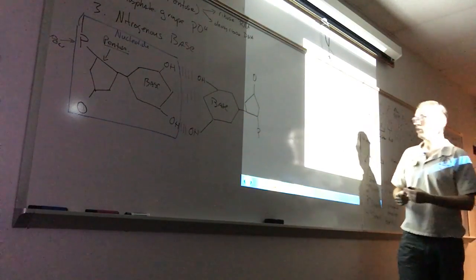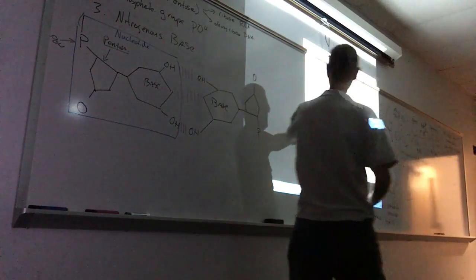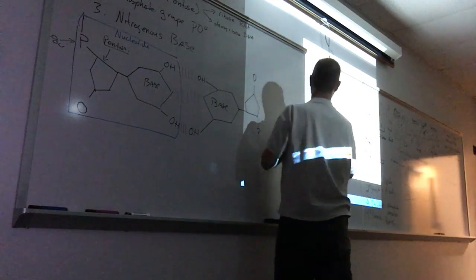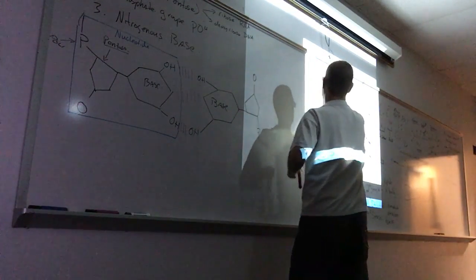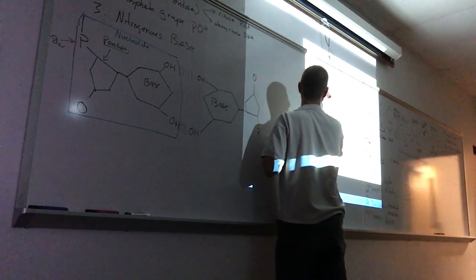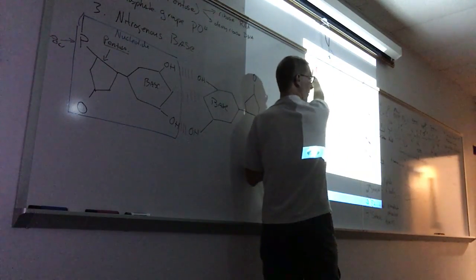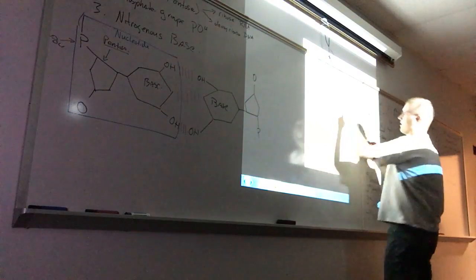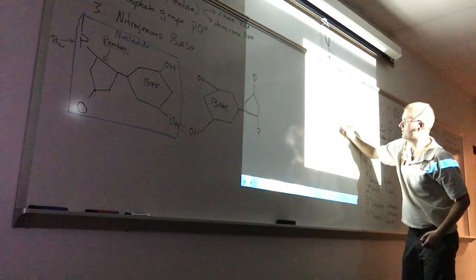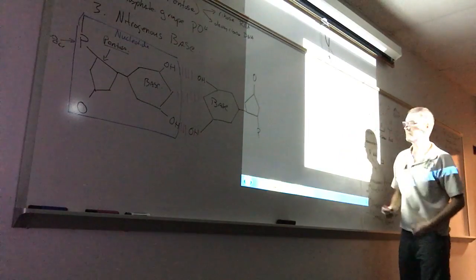But the sugars are oriented. On this side, you see how the sugars are oriented like this? And I'll just draw an arrow. The oxygen on that sugar is oriented in this direction. And over here, the oxygen is oriented in that direction.